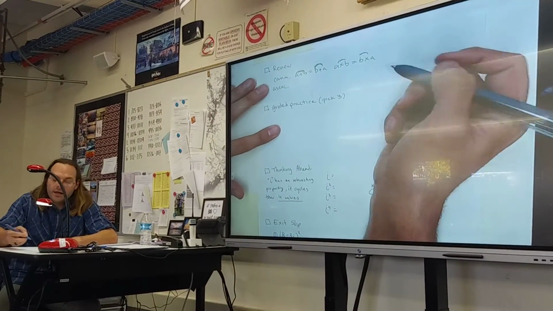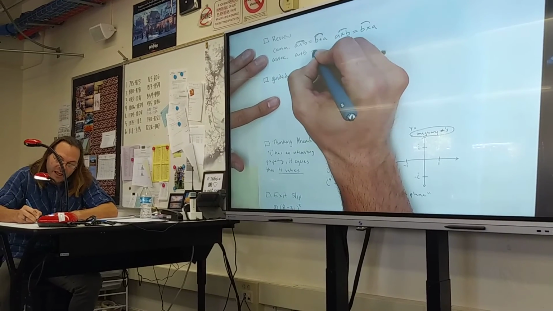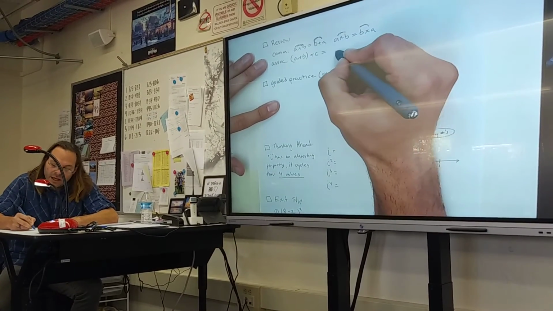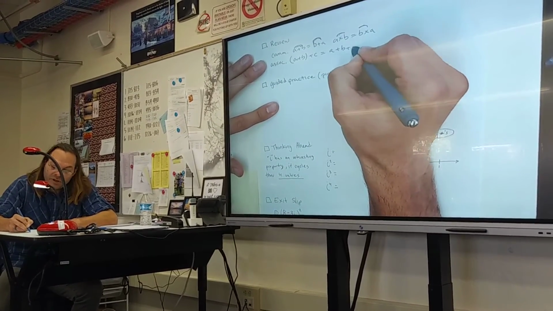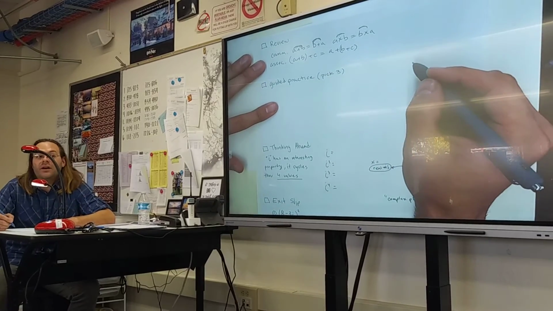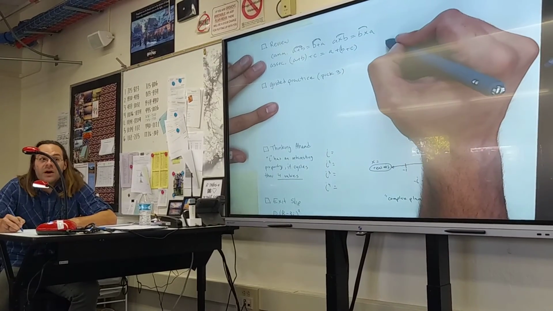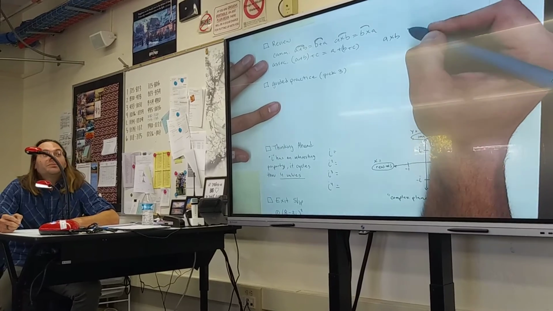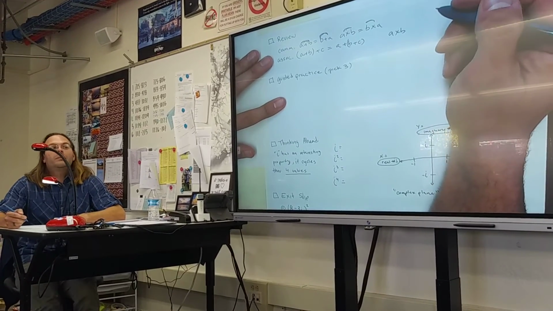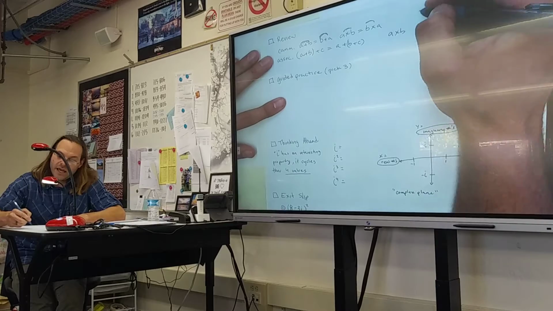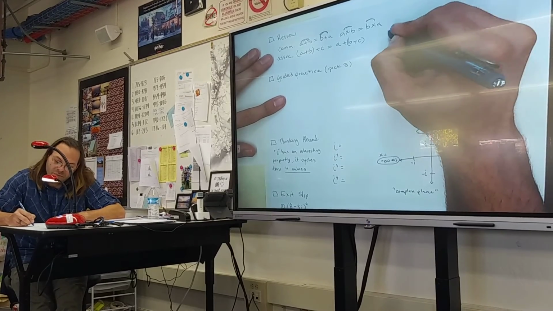Associative, okay, a plus b plus c can also be a plus b plus c, regrouped. It can move right around on there. We also have a multiplicative property of association. Bear with my voice here, guys.